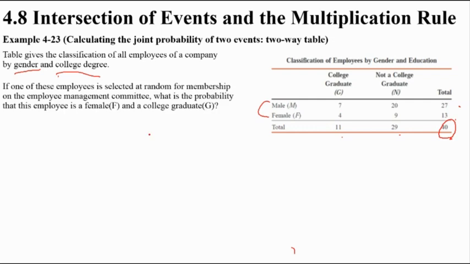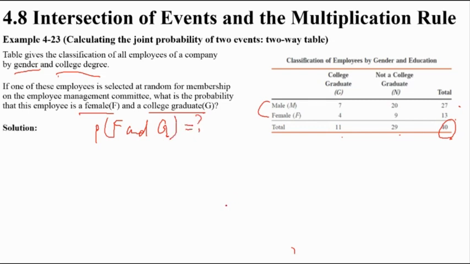The question: one of the employees is selected at random for membership on the managing committee. What is the probability the employee is female and a college graduate? This is the probability they're looking for.